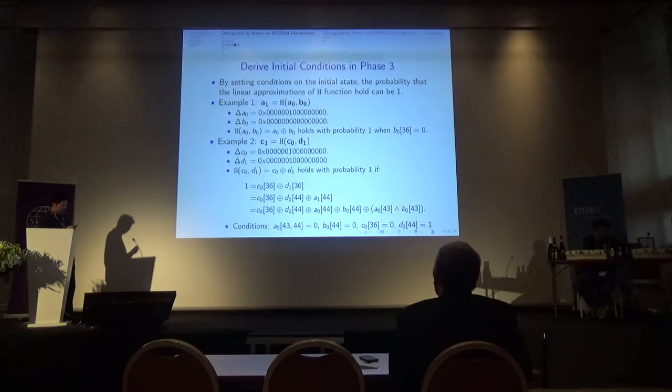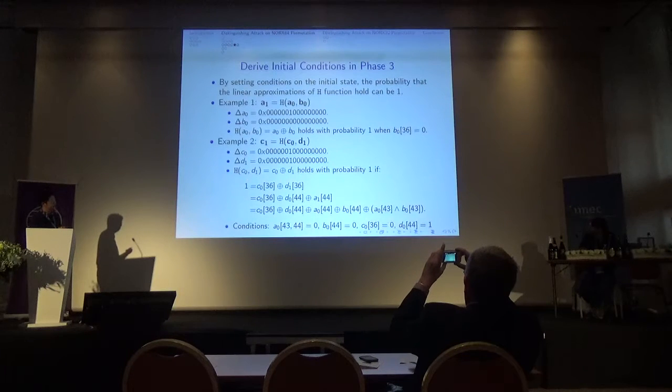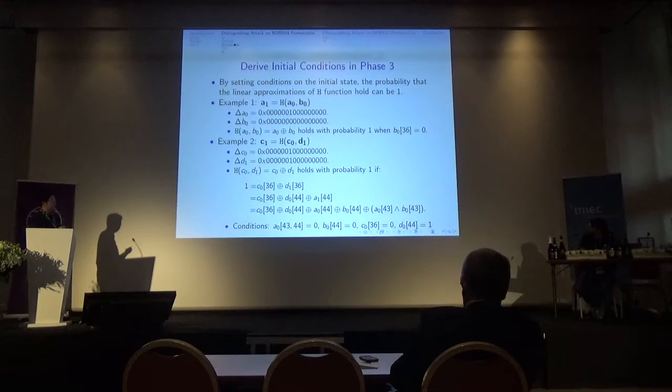Then this linear approximation holds with probability 1. A more complicated example is here. When we have the nonlinear function on C, C0 and D1, then we need to control a number of bits to make sure that the linear approximation holds.